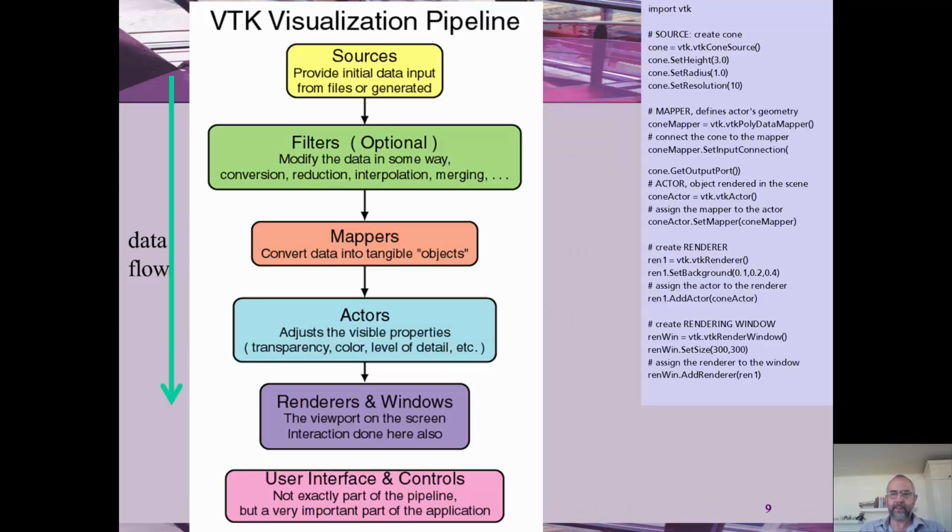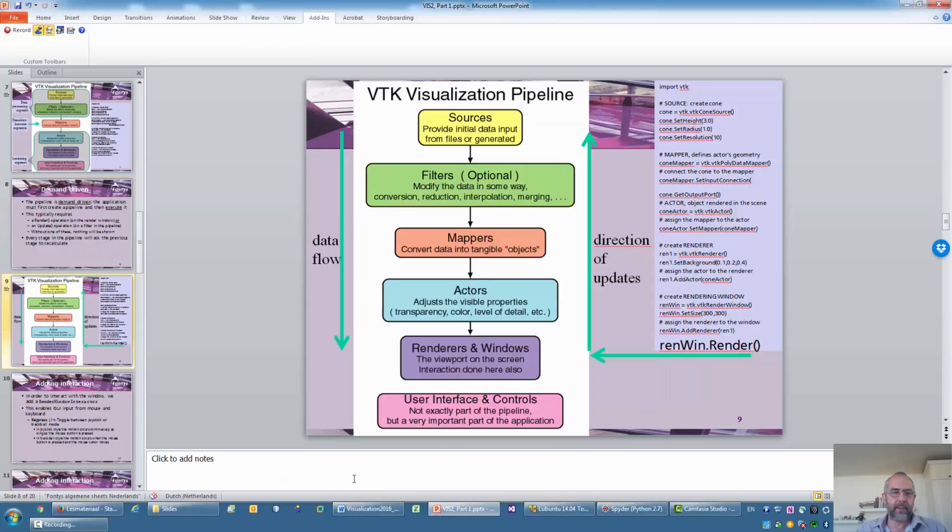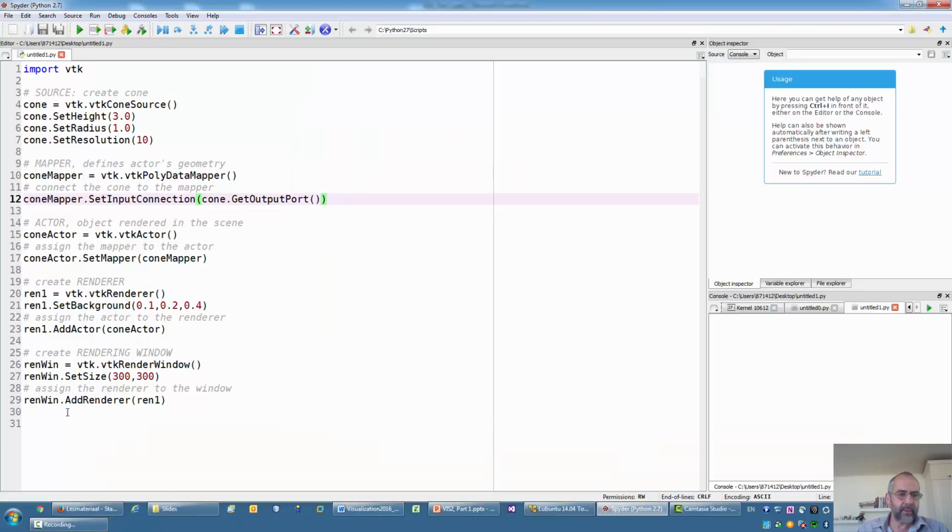So we need to add this win.render statement, pulling data out of the pipeline at the end. So let me add that. So here at the end, run win.render, and run it again.